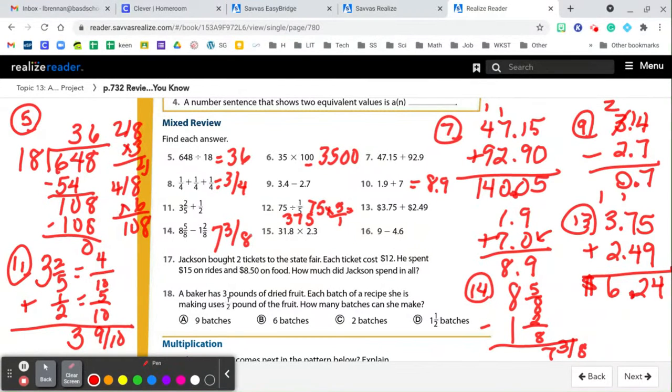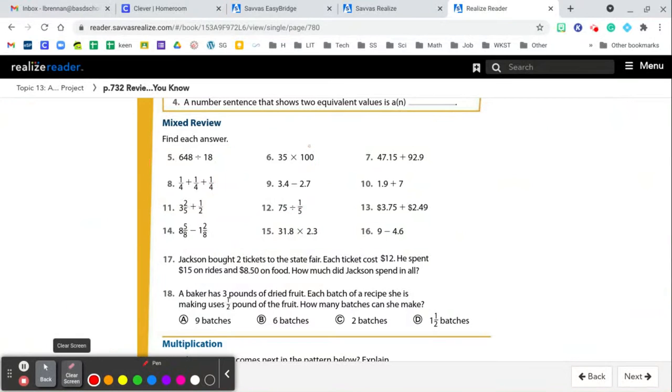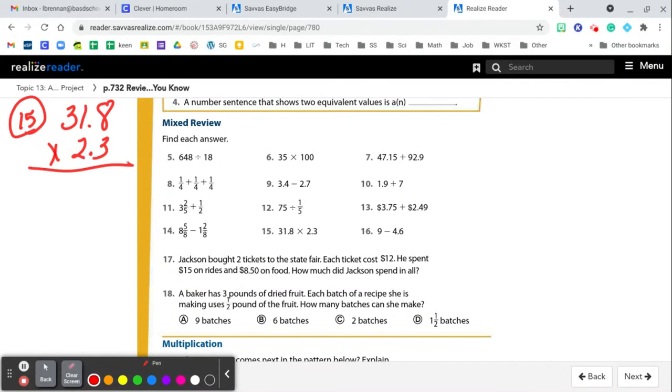And number 15, 31.8 times 2.3. The decimals just happen to magically line up, but you don't have to line them up for multiplication. We use the distributive property. 8 times 3 is 24. 3 times 1 is 3, plus 2 is 5. 3 times 3 is 9.